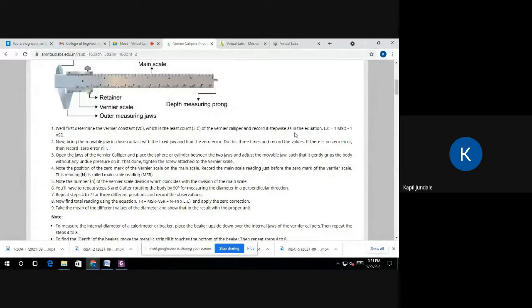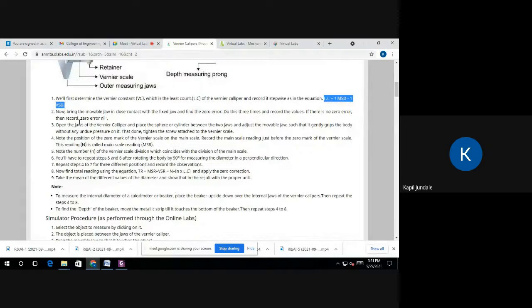Record it stepwise as an equation. Least count is equal to one main scale division minus one vernier scale division. With the help of this formula you can find it out.